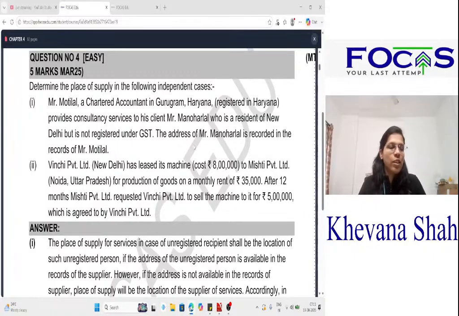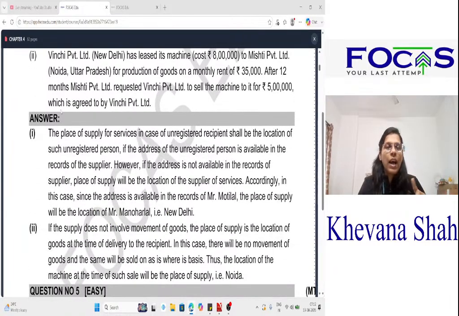Next, let us take question 4, second part. Vinci Private Limited of New Delhi has leased its machine costing 8 lakh rupees to Misty Private Limited, Noida, UP for production of goods on a monthly rent of 35,000. After 12 months, Misty Private Limited requested Vinci Private Limited to sell the machine to it for 5 lakh rupees, which is agreed to by Vinci Private Limited.